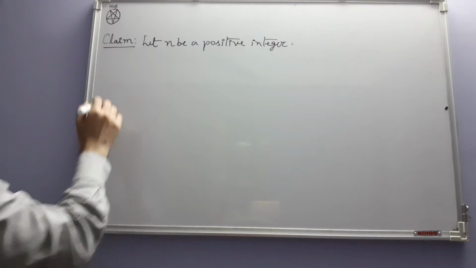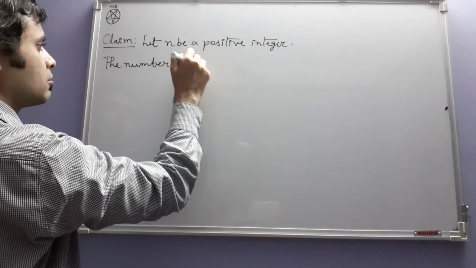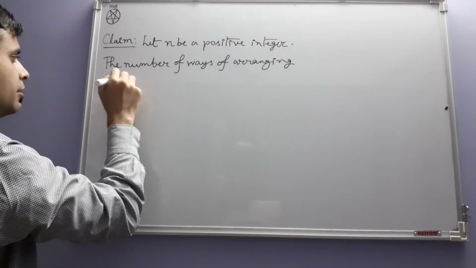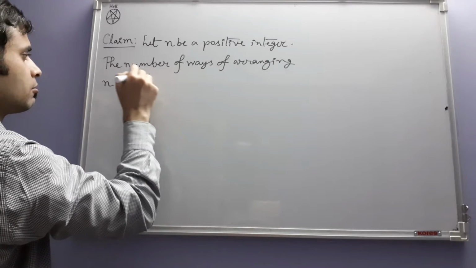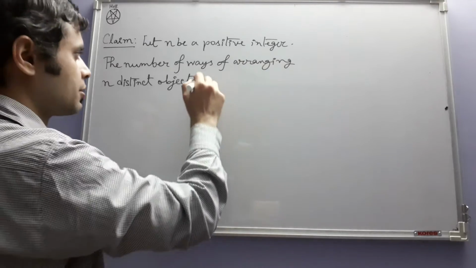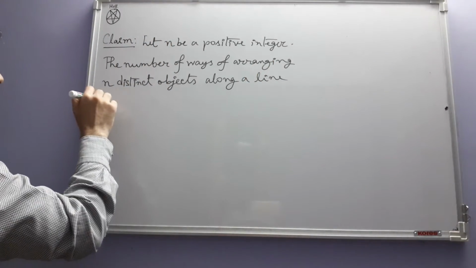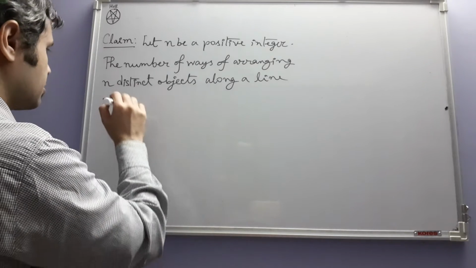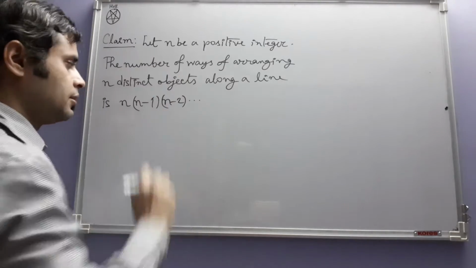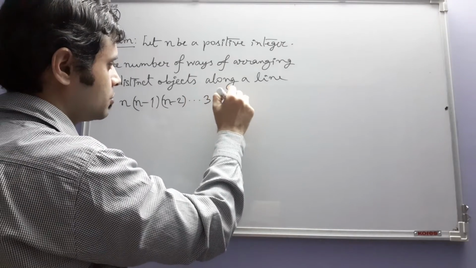The number of ways of arranging n distinct objects along a line is a number that looks like this: n times n minus 1 times n minus 2, and so on, decreasing the factors in size 1 by 1, and eventually we reach 3 times 2 times 1.